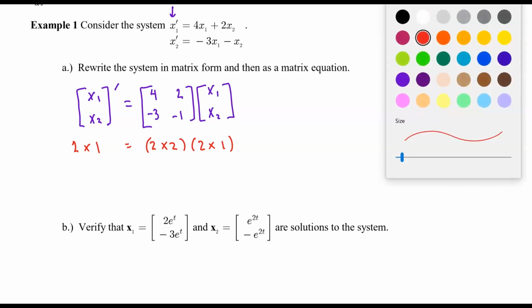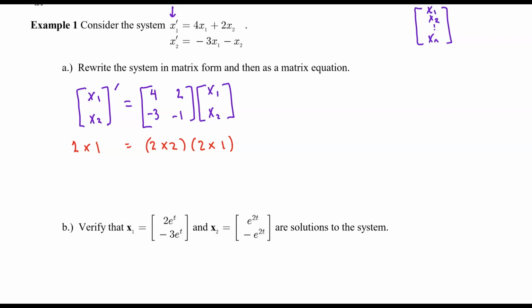When you multiply matrices, you can predict the size of the product by noticing first, these two must always match. They must be equal. And when they do match, the multiplication is defined, and the result is a 2 by 1 matrix. So on the left side, we have a 2 by 1 matrix. On the right side, we have a 2 by 1 matrix. So our equality here is true.